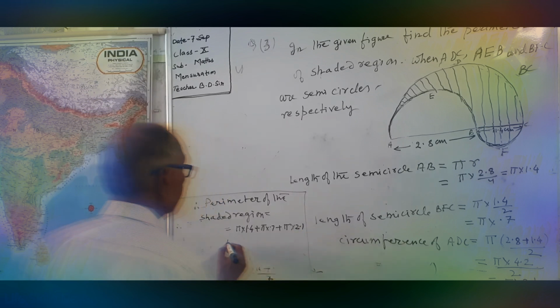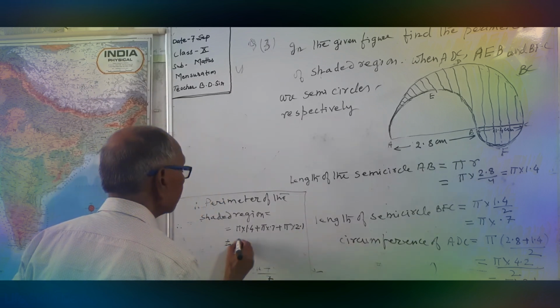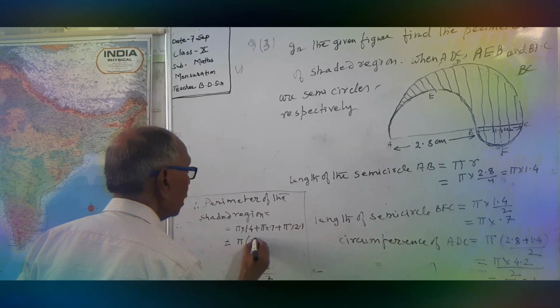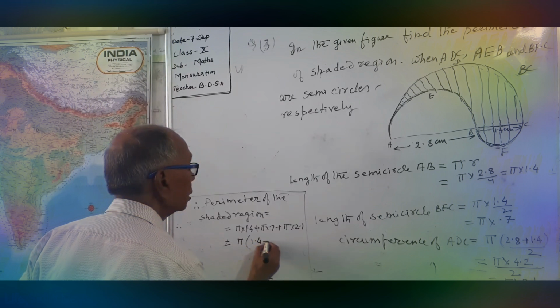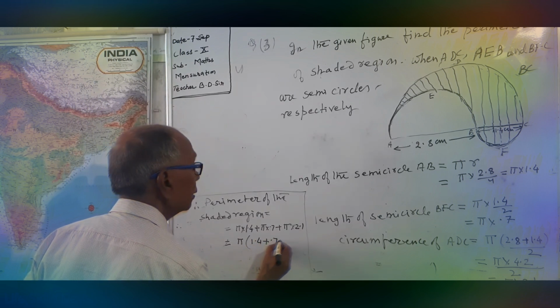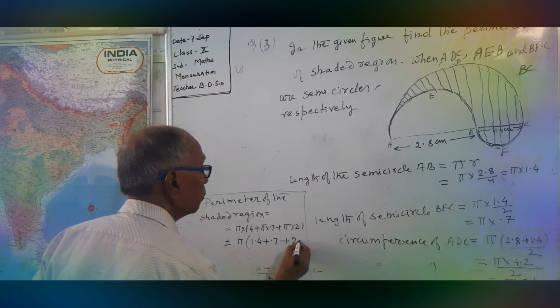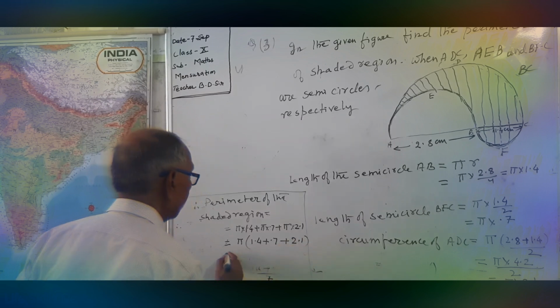Take pi common, then 1.4 plus 0.7 plus 2.1. After adding all these, you will get the answer.